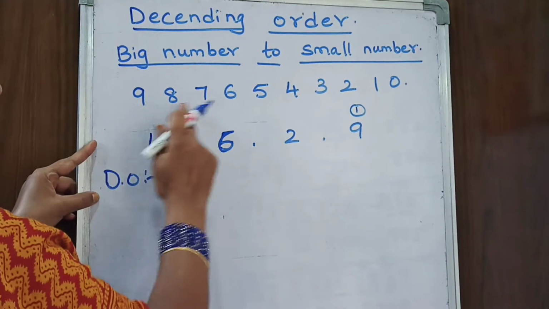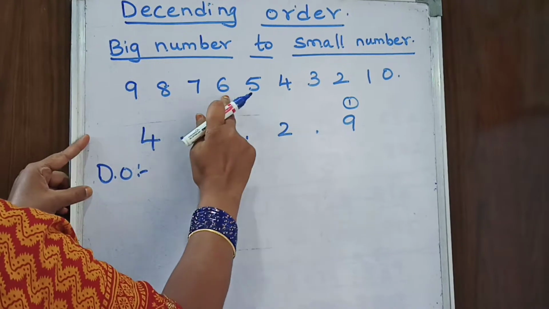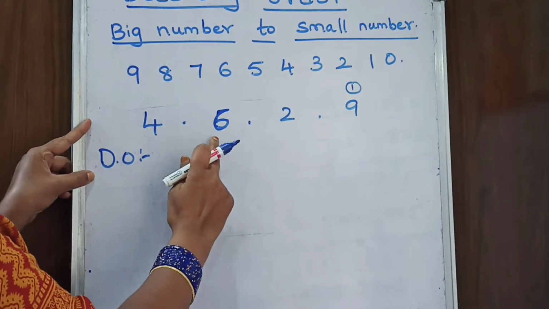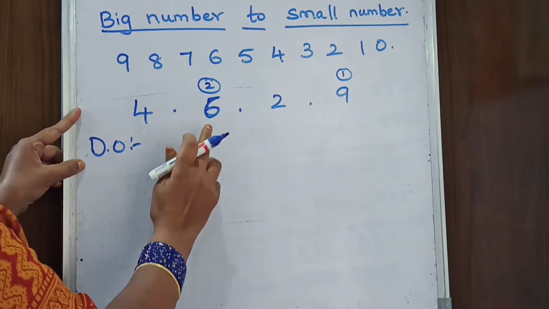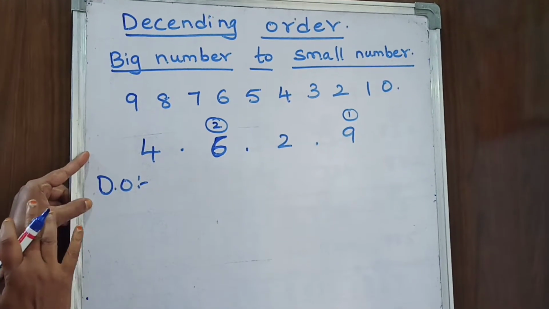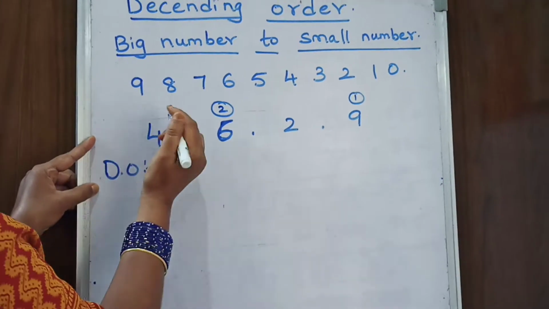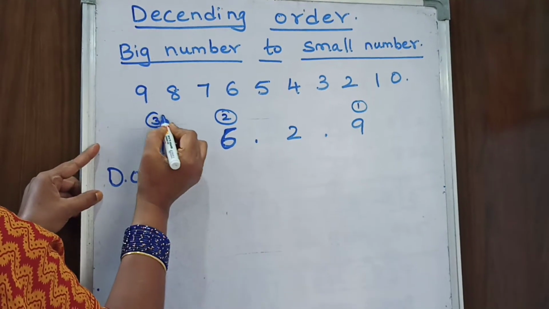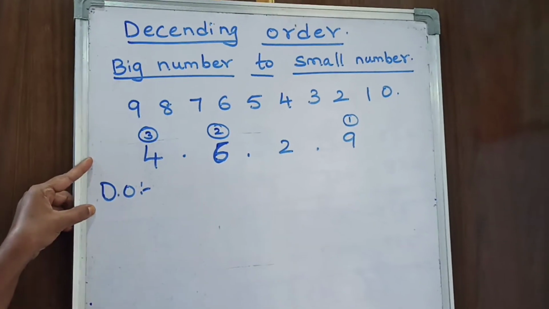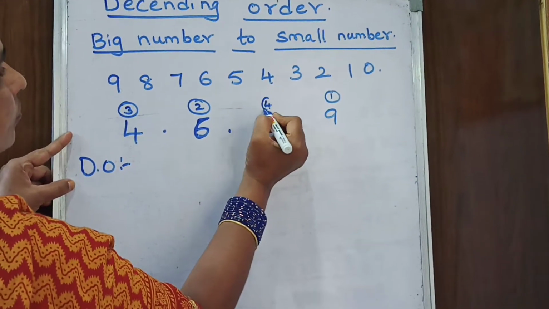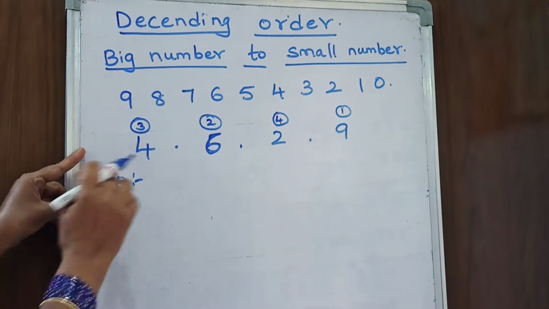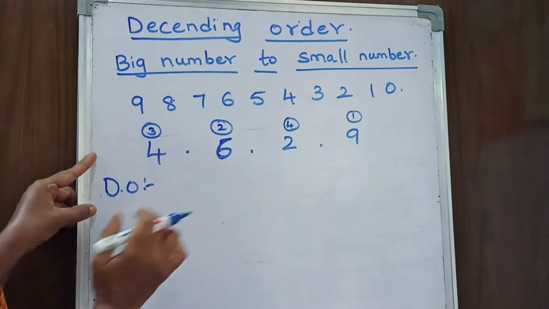Here also you can see 9, 8, 7, 6. Next number is 6. So keep 2 above 6. After 6, which is the next biggest number? 4. So write 3 above 4. And the last remaining is 2. Write 4 here.